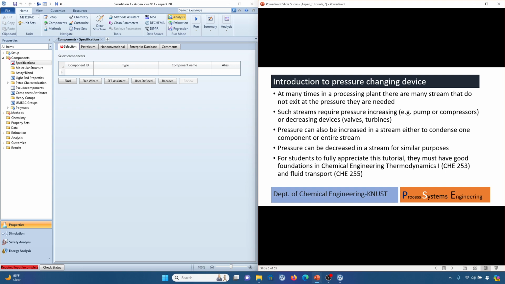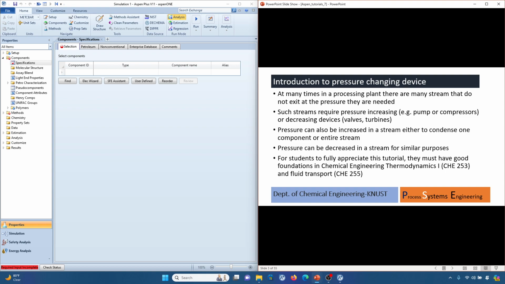Pressure can also be used to condense or for flash purposes. By increasing or reducing the pressure in the stream, we're able to liquefy or condense one material or vaporize it for that purpose.